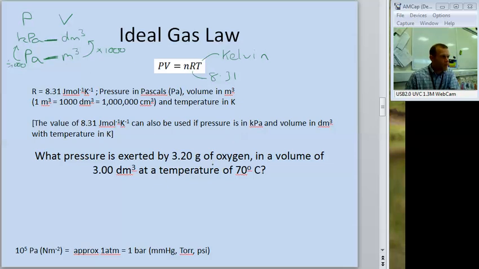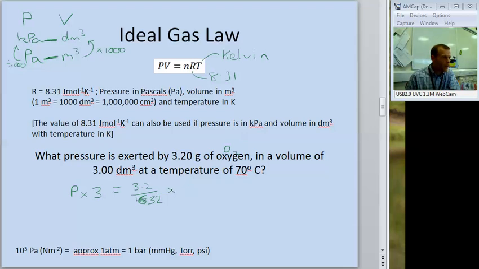Pressure is exerted by 3.2 grams of oxygen in a volume of a litre. So we don't know P. We do know the volume. It's in decimeters cubed, so my answer is likely to come out in kilopascals. So n, the number of moles, is going to be 3.2 divided by 32, because oxygen is, of course, O2. So that gives us the number of moles.